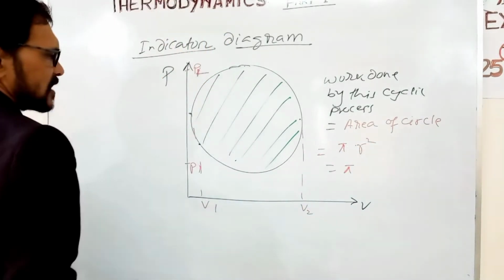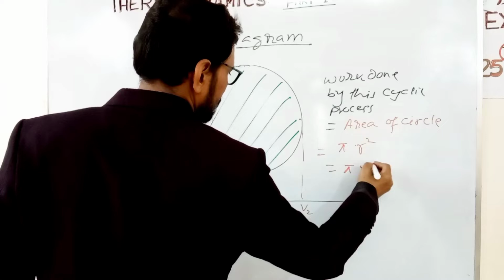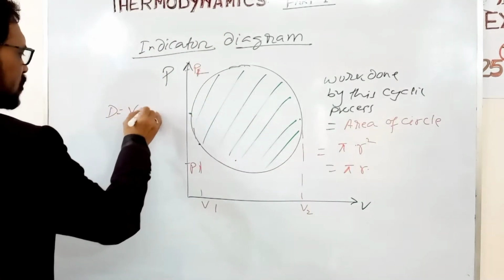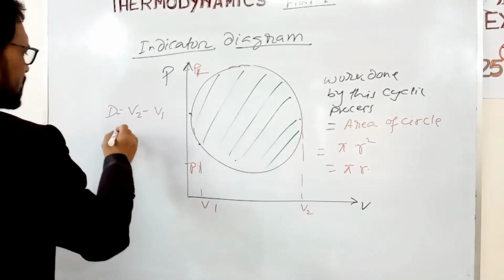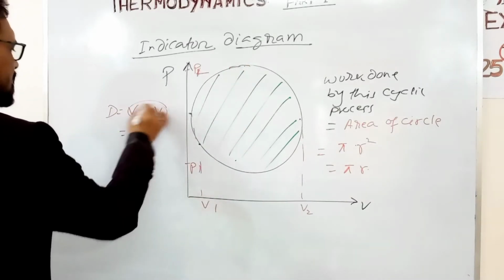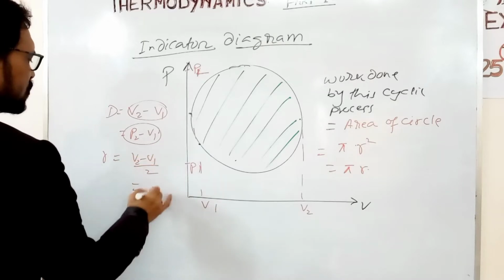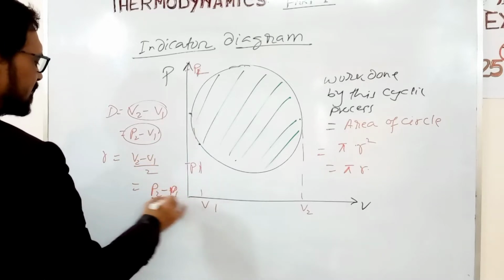Now here r squared is r into r. Here the diameter equals what? We can say the diameter equals V2 minus V1. Also this diameter is P2 minus P1. So this value and this value are the same. Now the radius equals (V2 minus V1) by 2 equals (P2 minus P1) by 2.